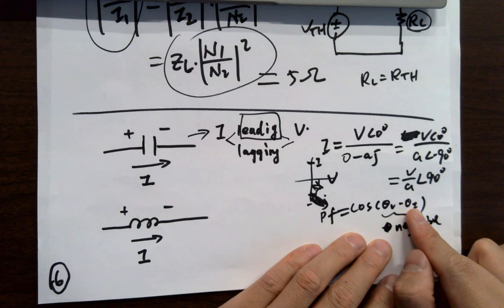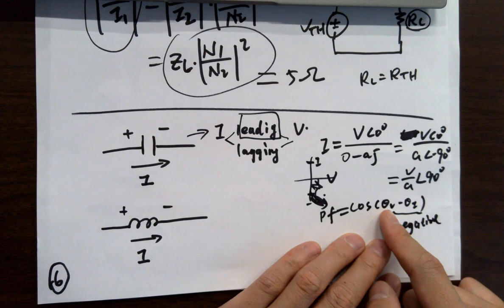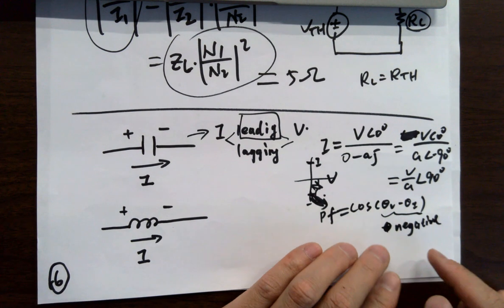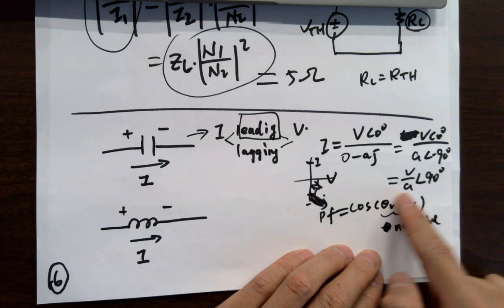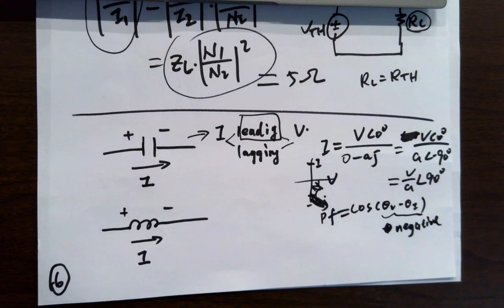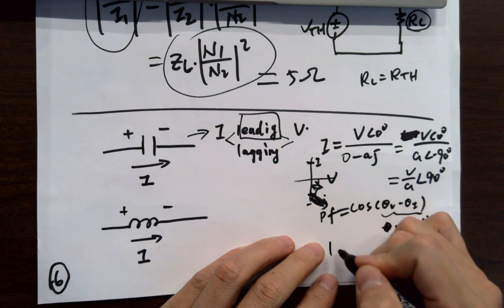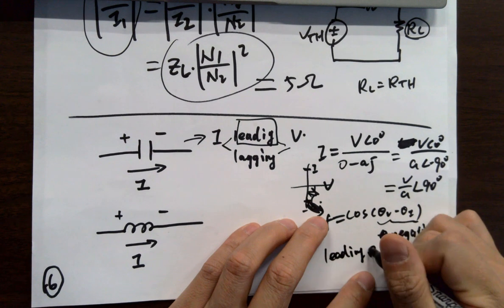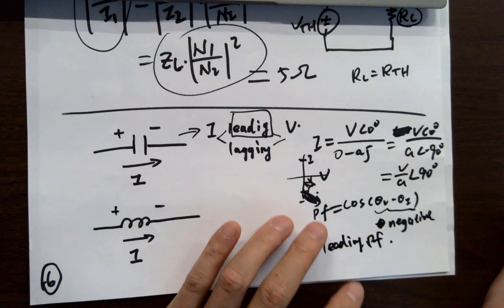Because current is 90 degrees and this is 0 degrees. Although you are still getting a positive power factor, whenever the angle inside the cosine function becomes negative, it's called a leading power factor.